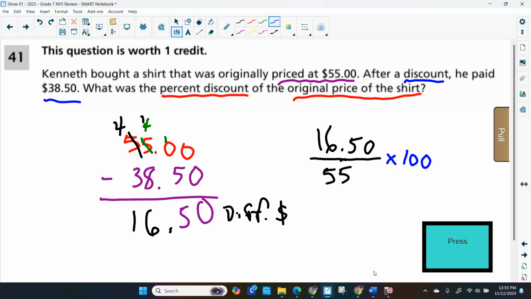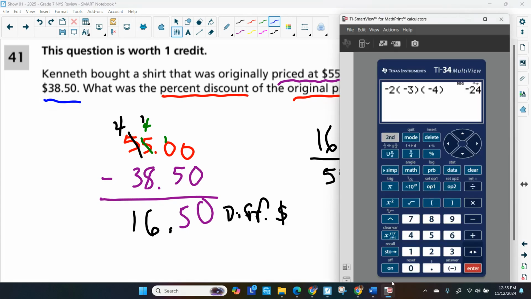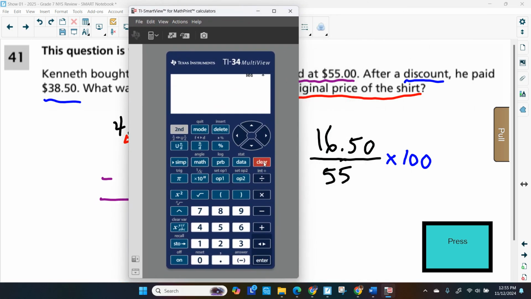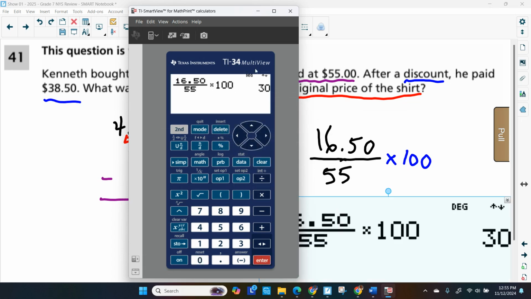So let me get my calculator one more time. Move it over. Clear that stuff. So what do we got? 16.50 is the change in the price amounts. $55 was the original, and all I got to do is multiply that by 100, because it gives me a percent, and there is my percent.